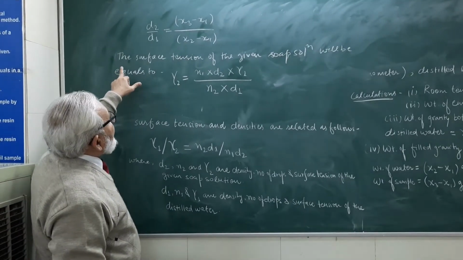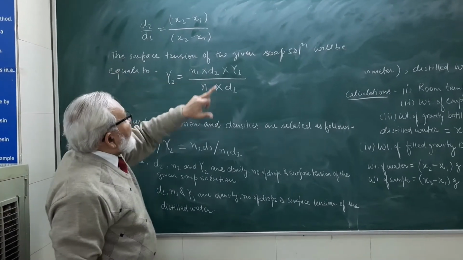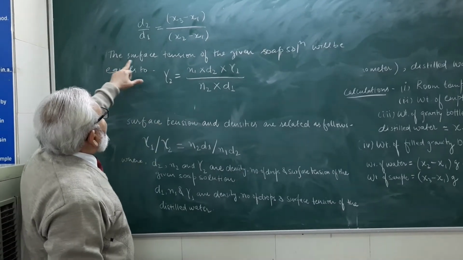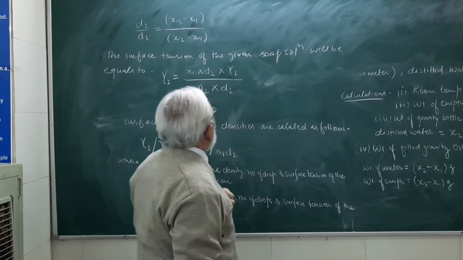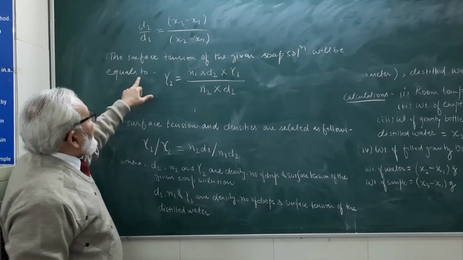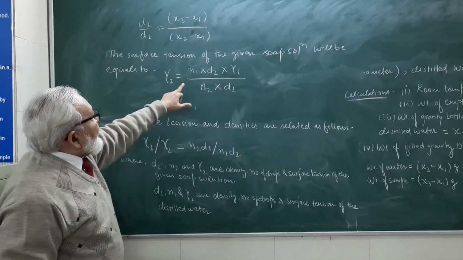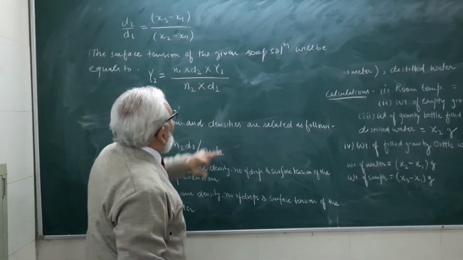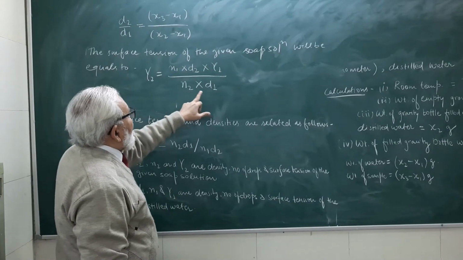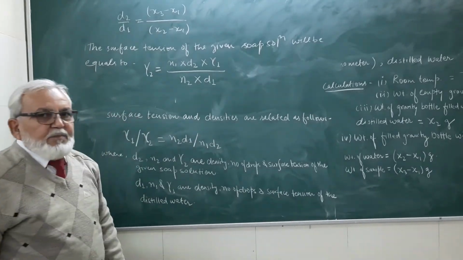Now, using the surface tension equation, the surface tension of the given soap solution will be gamma 2 equals N1 into D2 into gamma 1 divided by N2 into D1.